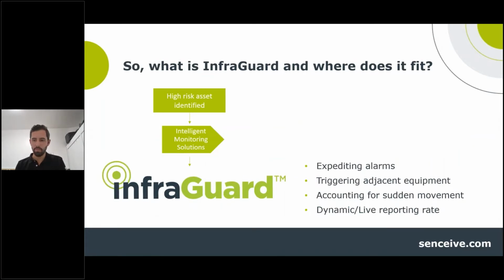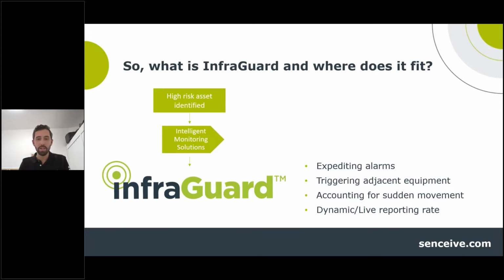So, of course, getting to it, what is InfraGuard and where does it fit? So this would certainly fit in the intelligent monitoring solutions. If you could guess, that's what I was getting at by having this one right there in the middle. What InfraGuard does is it expedites alarms. It can trigger other nodes or other equipment that is on site to take readings in the event of movement captured at any time.